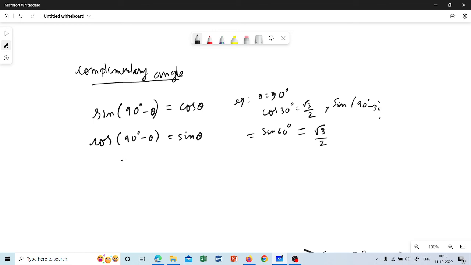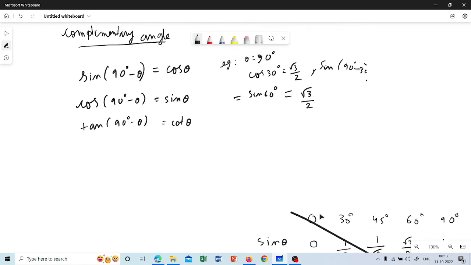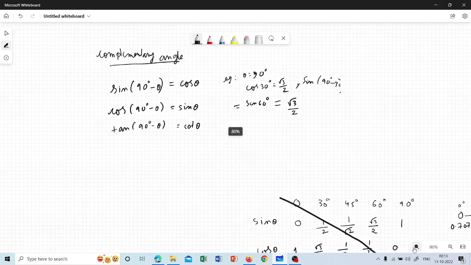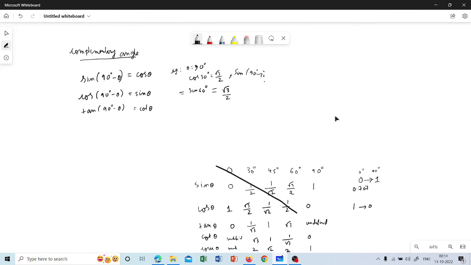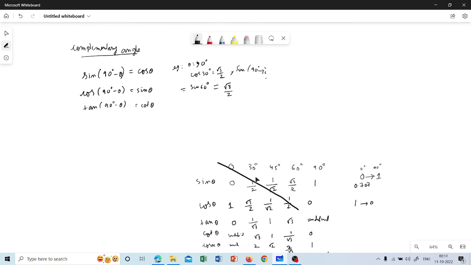I can write for the others similarly: tan 90 minus theta is equal to cot theta. This is very obvious from the table, and this is the reason why I first drew the table. If you have any confusion, just look at the table.